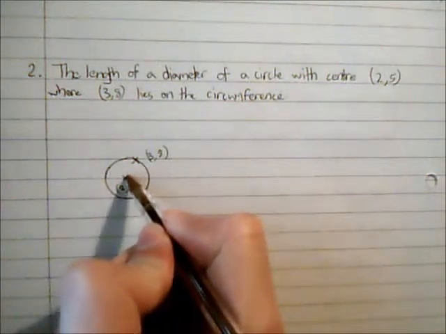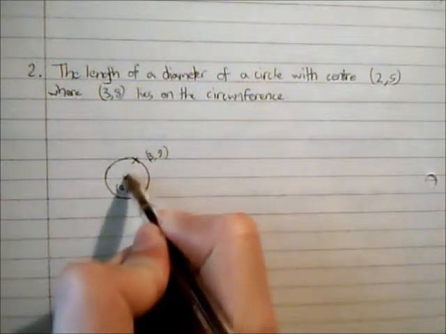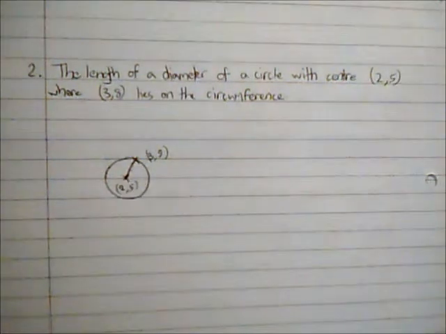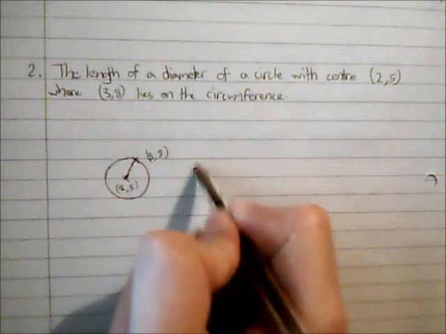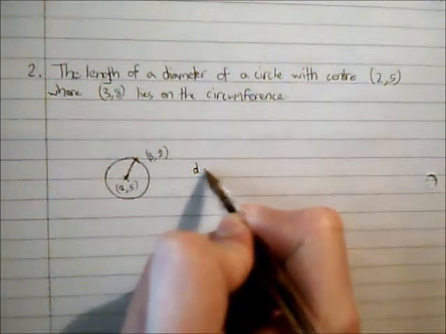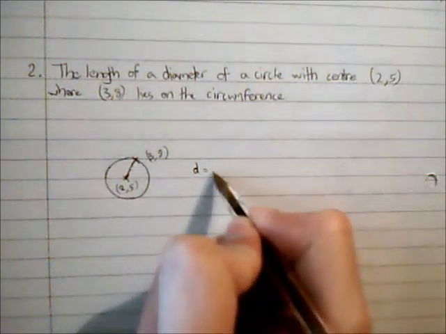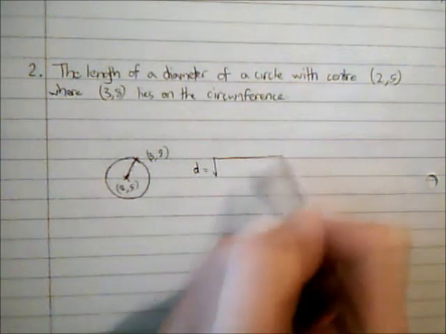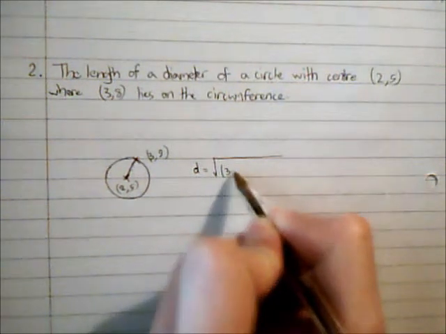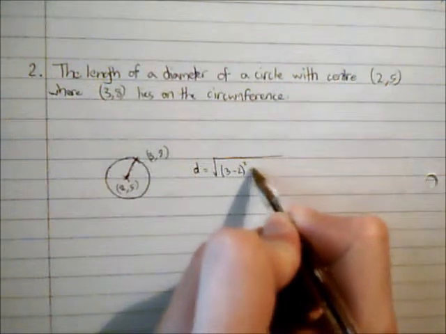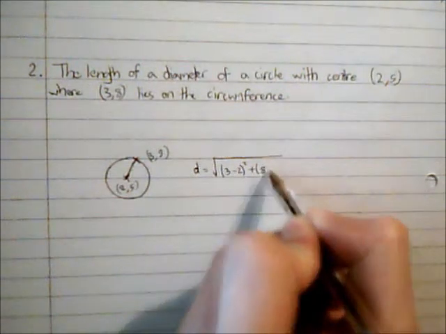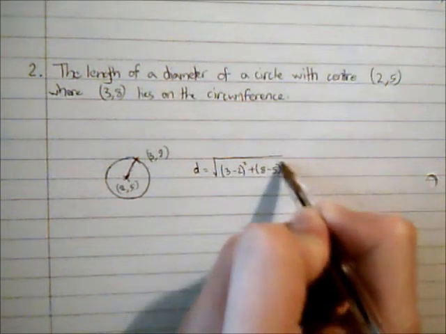So the distance between those 2 points represents the radius of the circle. So I can calculate that using the formula we just looked at. So I can say that d, the distance between the points, is equal to the square root, so the difference in the x's squared and the difference in the y's squared.